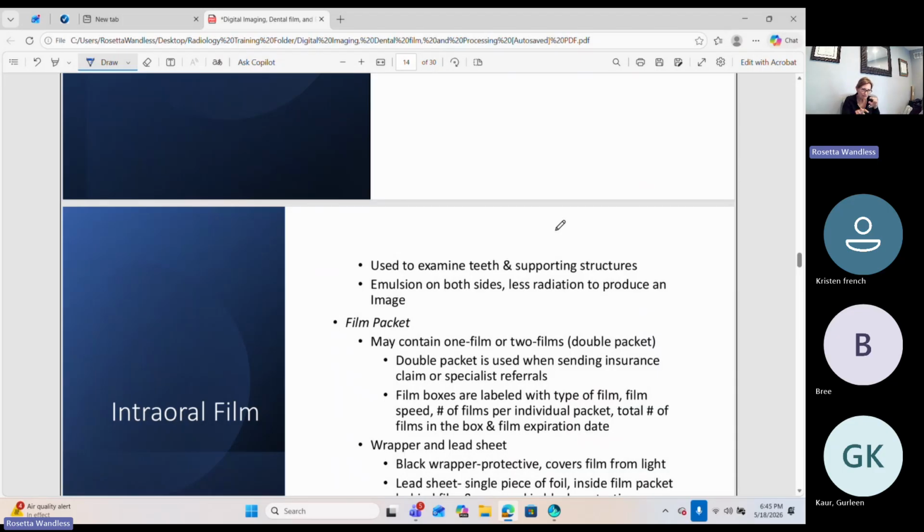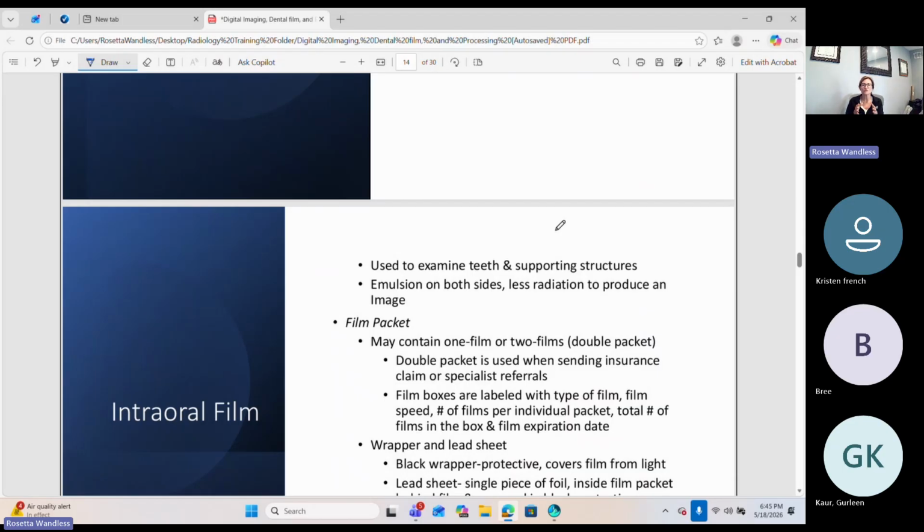And inside of that emulsion are these little or large silver crystals, okay? A good statement to know is the larger the crystal, the faster the film. Why silver? Silver is very sensitive to radiation.